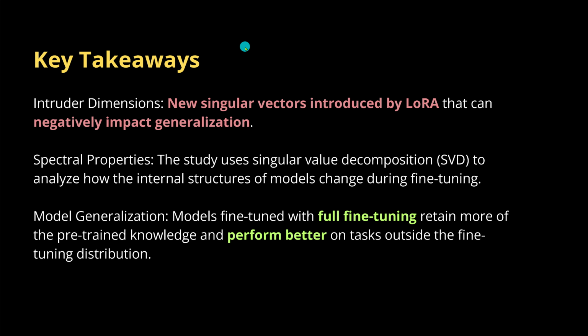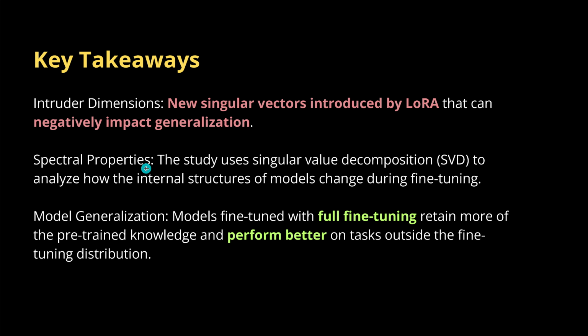So what is the key takeaway? These new singular vectors that we understand now, they are introduced now by our LoRA methodology. They have a negative impact on the performance of the model, on the generalization of our LLM, and on the knowledge of the pre-training dataset.